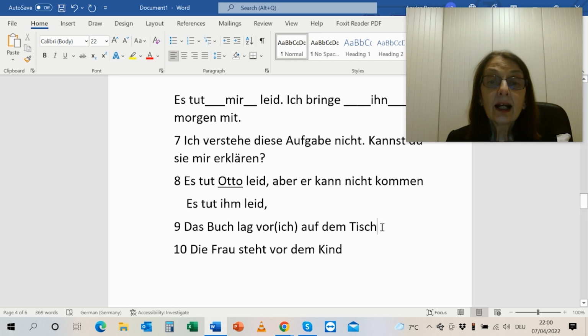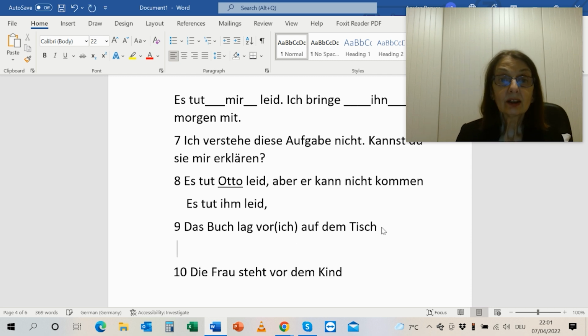Das Buch lag vor. Now vor, an, auf, hinter, in, neben, über, unter, vor und zwischen, one of the Wechselpräpositionen again. But this time we know for sure that it's dative because it's lying down. So what have we got here? Das Buch, which we could put into a pronoun too, but not the task tonight, but we could put it as es lag vor.